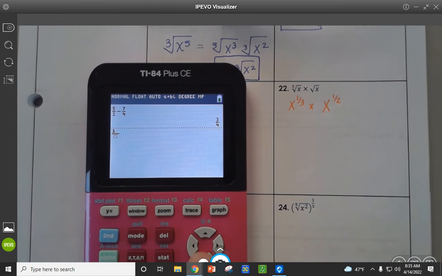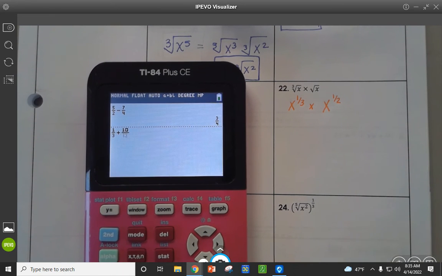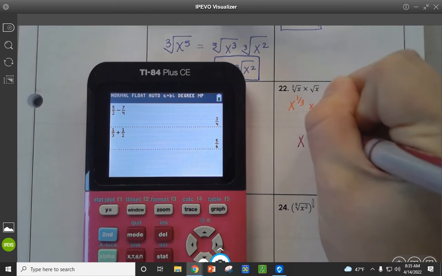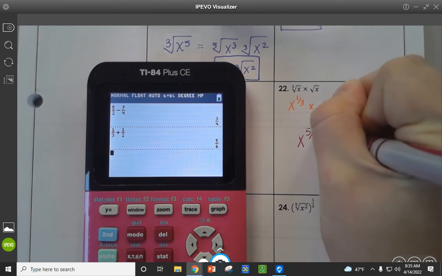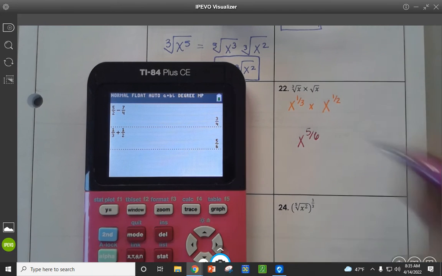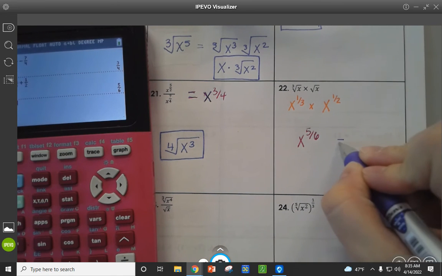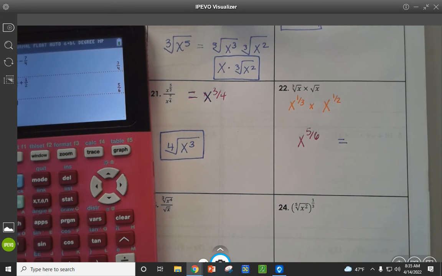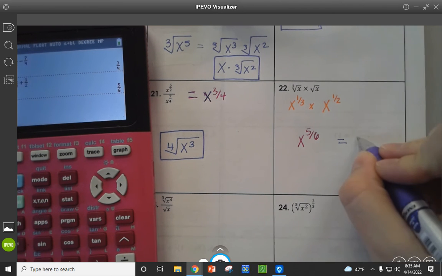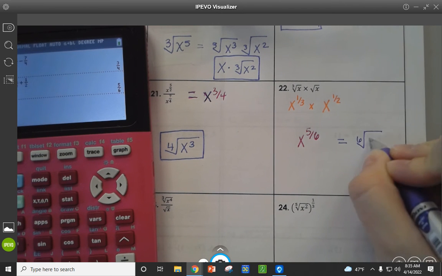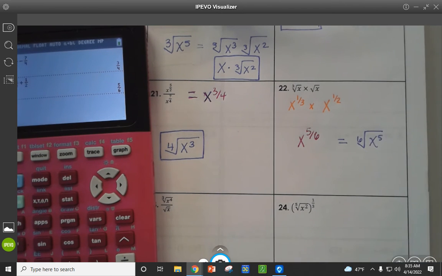Add them. 1/3 plus 1/2 is 5/6. So x to the 5/6. And this is the 6th root of x to the 5th.